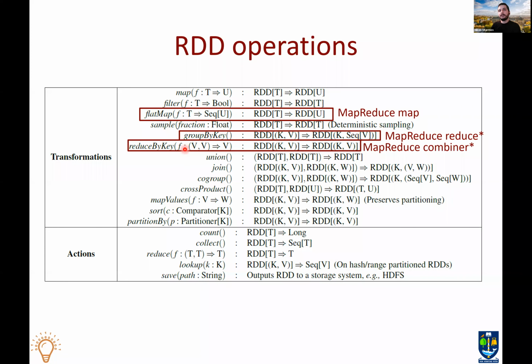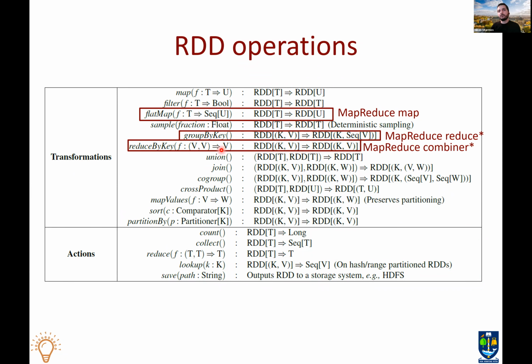Reduce by key takes an RDD that has keys and values, like a sequence of keys and values. What it does is it groups together all the stuff that have the same key, and then applies a reduction function, a function that takes two values and returns one, and applies that iteratively or recursively, depending on how you want to look at it.